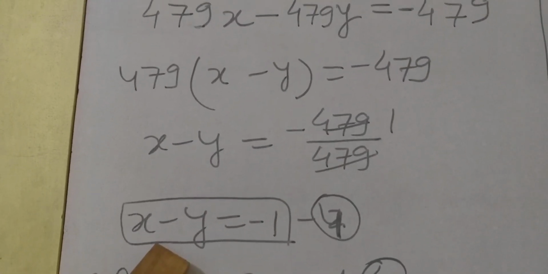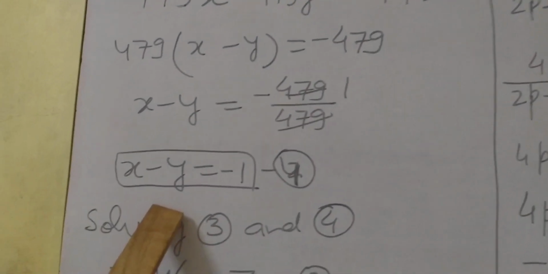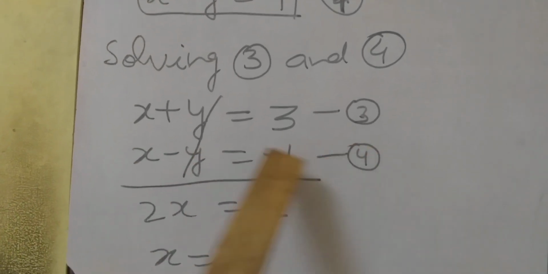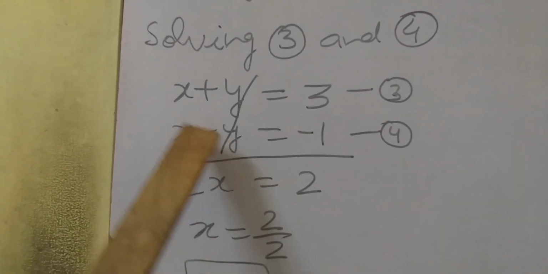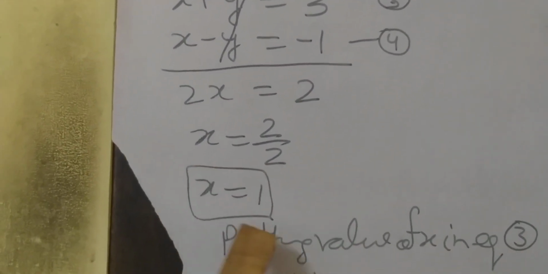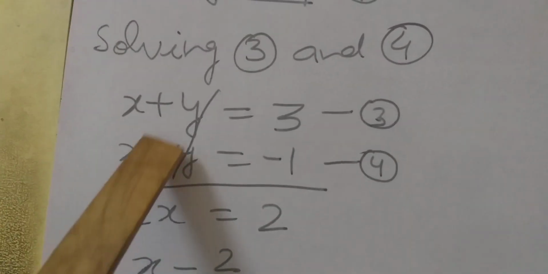Okay. So now we can solve equation number 3 and equation number 4 easily by the elimination method. Solving 3 and 4: x plus y equals 3, x minus y equals minus 1, y will be cancelled, 2x equals 2, x equals 2 upon 2, x equals 1. So putting the value of x in any equation, 3 or 4, students.